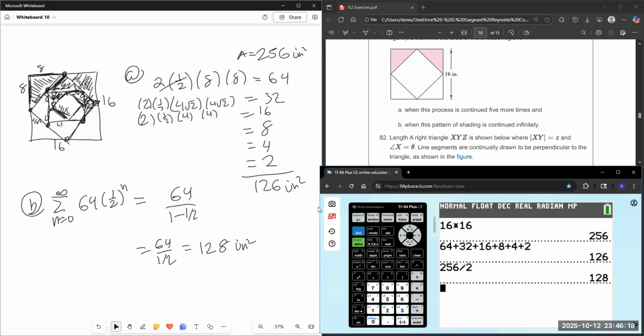So that's why I said, note that 256. We'll come back and use that here to say that we expected it to be half of the area, and it is half of the area of the 16 by 16 square.